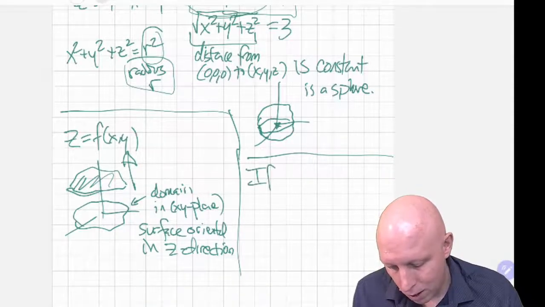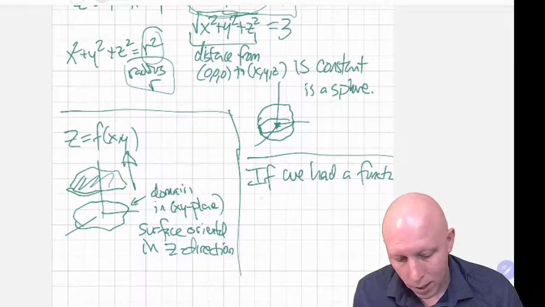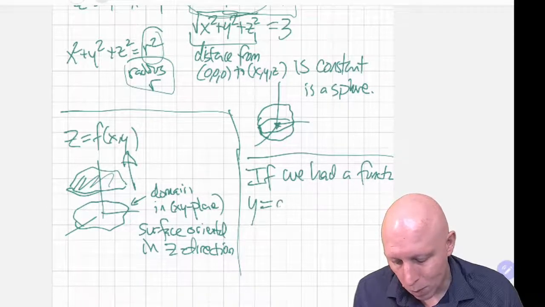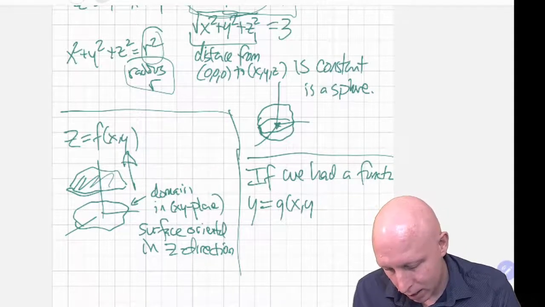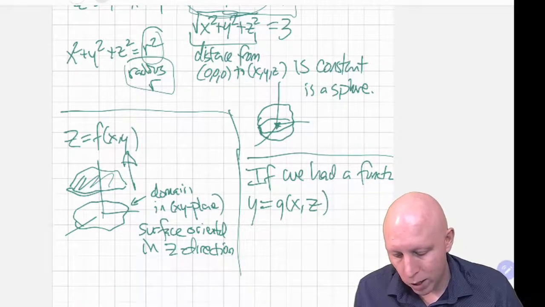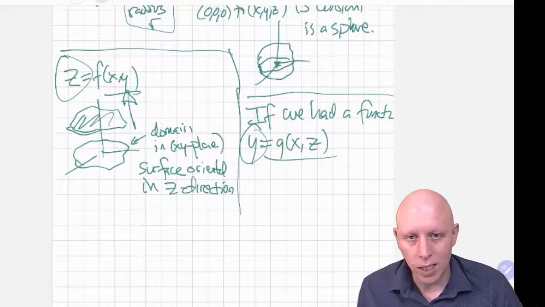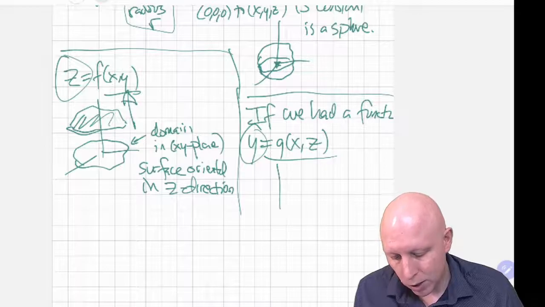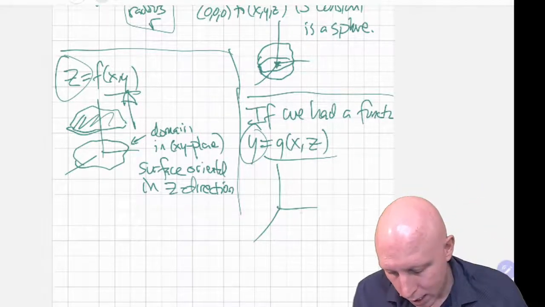But we might also rewrite our function. So if we had a function y equals g of x, z, where instead of z as a function of x and y, we have y as a function of x and z, then the picture is going to look different. This is sort of interchanging the roles of y and z, right?